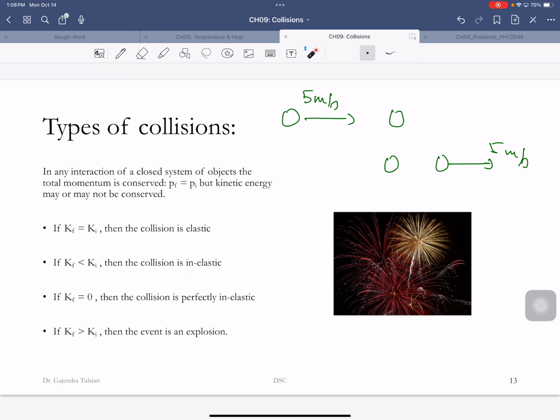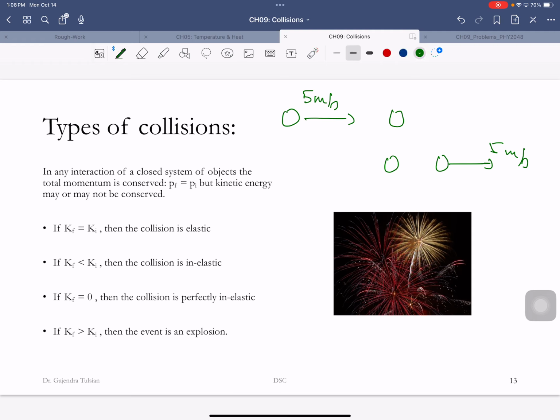So for instance, instead of pool balls, you can take two balls of pizza dough, throw them at each other, and they'll come to rest. So all that kinetic energy is lost. If the final kinetic energy is zero, then the collision is perfectly inelastic.